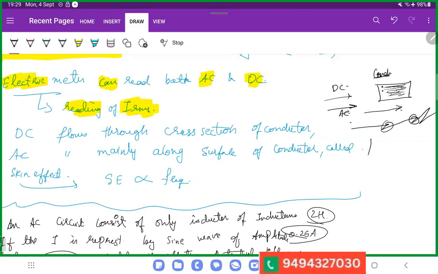This fluctuation, as we are drawing, is like this. So every cycle is changing, again changing, so it reverses its direction. Reversing doesn't mean the electron says, okay, let's go back, no, let's go front.